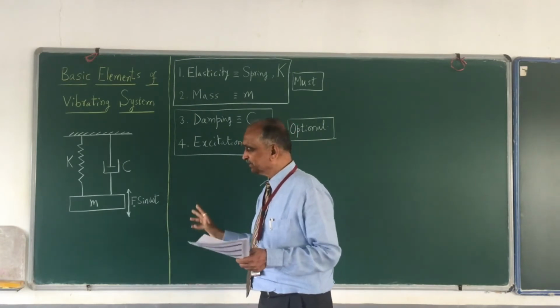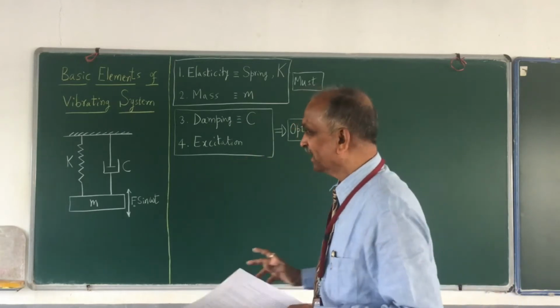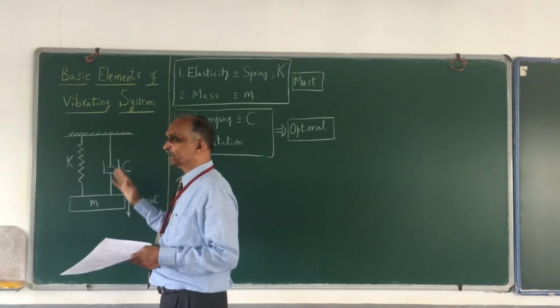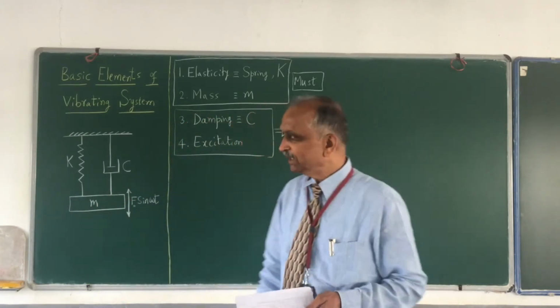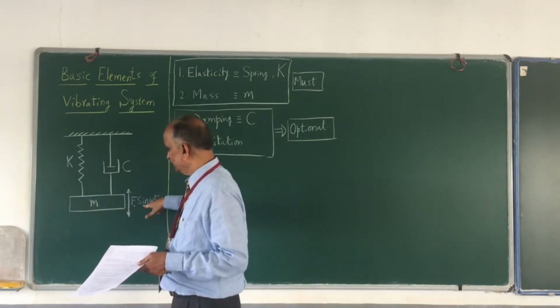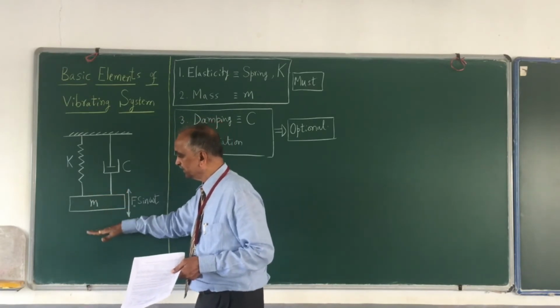I have not discussed much about the degree of freedom; I had just defined it. If I come back to this system, I say that this is a single degree of freedom system. What is the meaning of this? When the mass is subjected to force, it occupies different positions.